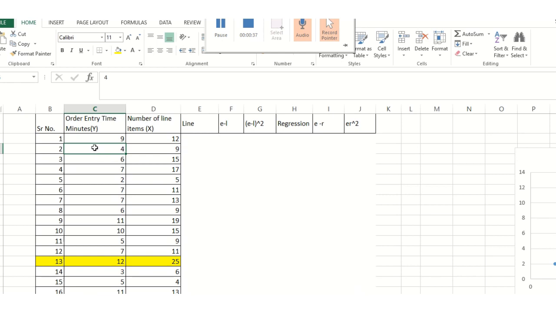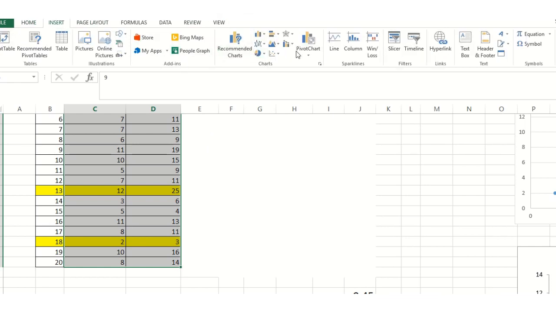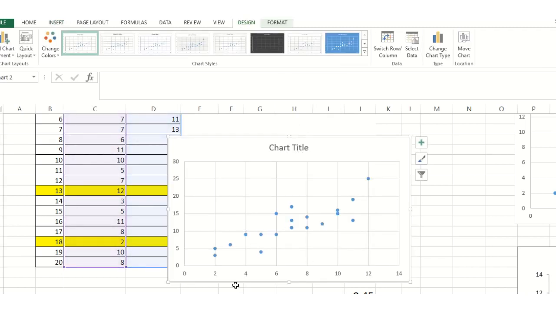Now looking at this, I am going to draw a scatter plot. Now looking at this we can see that there is a correlation between x and y. So it's a positive correlation.